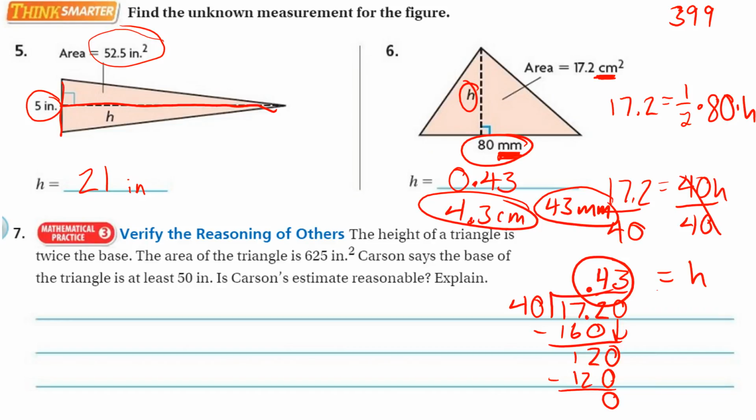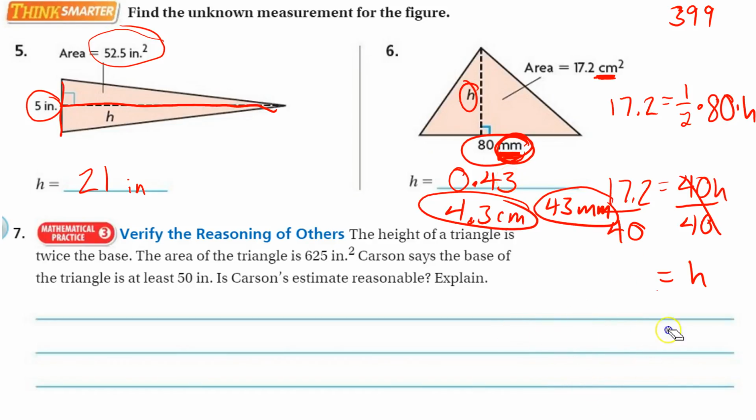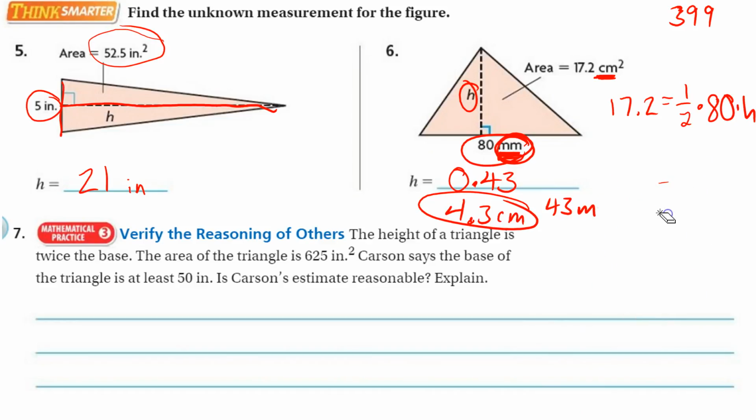Maybe it was a mistake on their part, because in the teacher edition book, they don't have any units here. It just says 80. It doesn't say 80 anything. So I think that might have been an error on their part. And there's no problems like this on your homework or on the test where you're given different measurements, centimeters, millimeters.